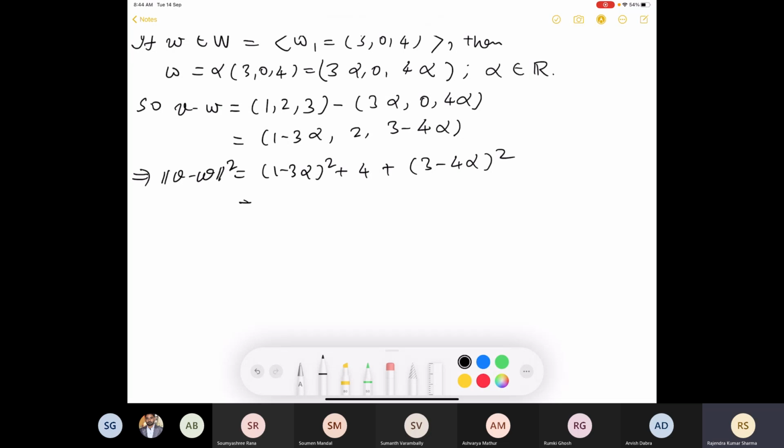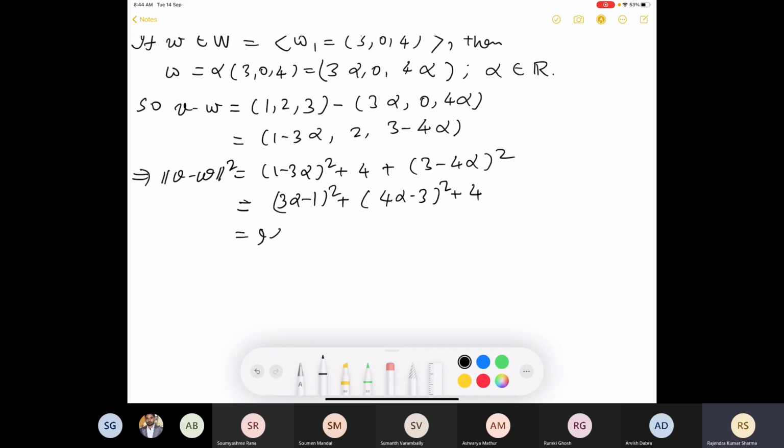Now you can see that (3 alpha minus 1) square and (1 minus 3 alpha) square are the same.